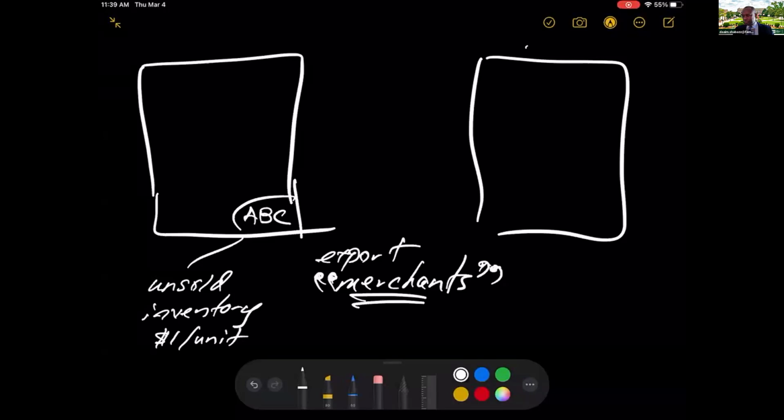And you may post this unsold inventory on the market, and these merchants will then contact you and say, well, I want to bid on the inventory that you have, and I understand you want $1 a unit. I will offer you 45 cents a unit.